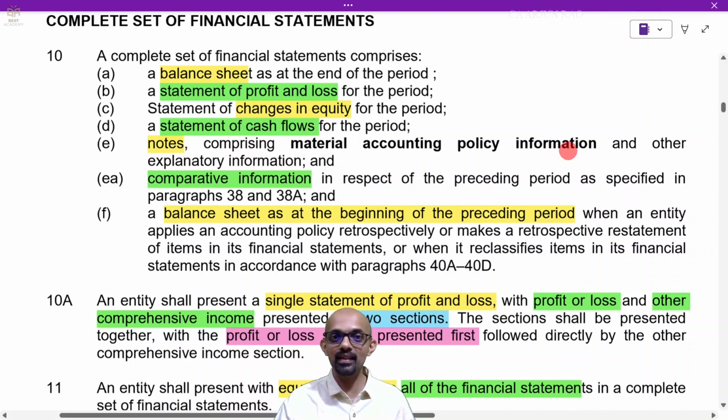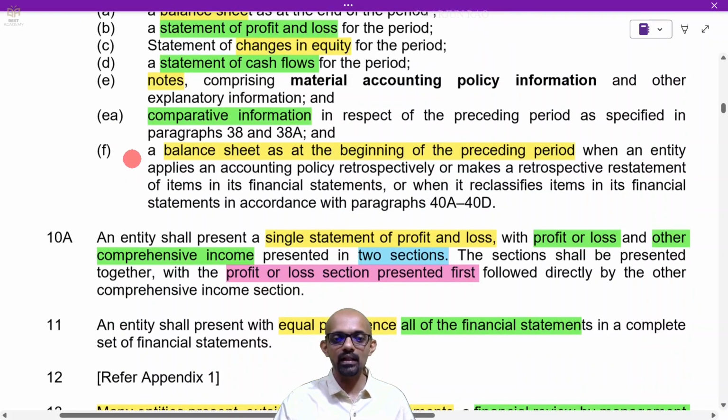Before, this used to be significant accounting policies. In 2023, this was changed, and comparative information, that is previous year figures, and balance sheet at the beginning of the preceding period when an accounting policy is applied retrospectively or there is a retrospective restatement or when it reclassifies items.